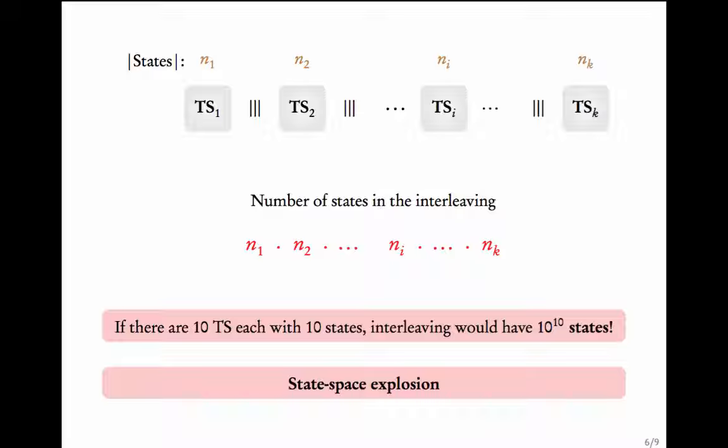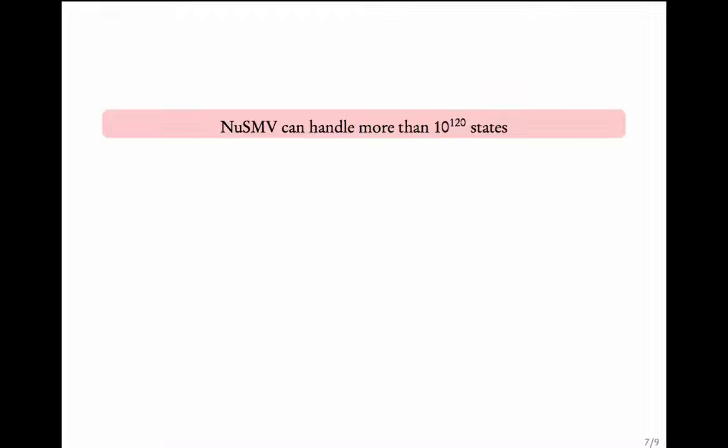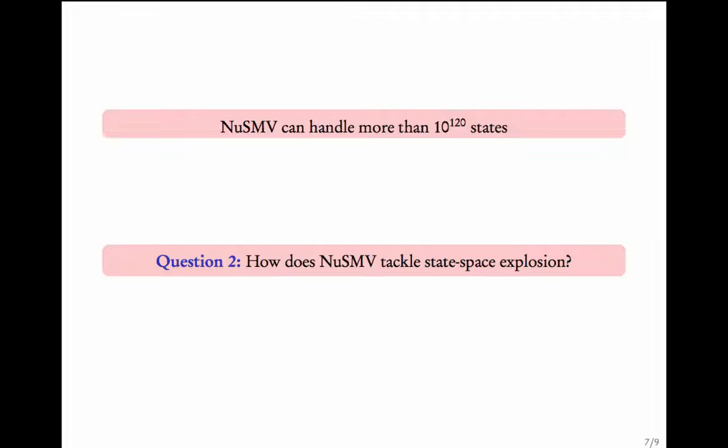A good amount of research has gone into tackling this state space explosion problem, and new SMV can currently handle more than 10 power 120 states. The question is, what does new SMV do in order to tackle state space explosion?